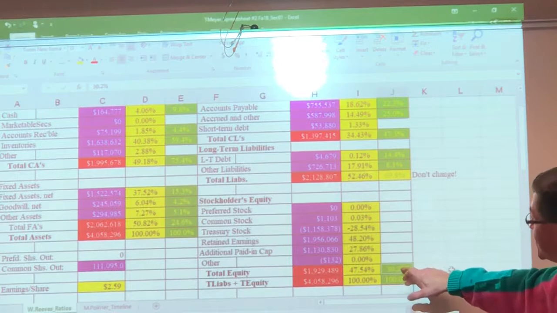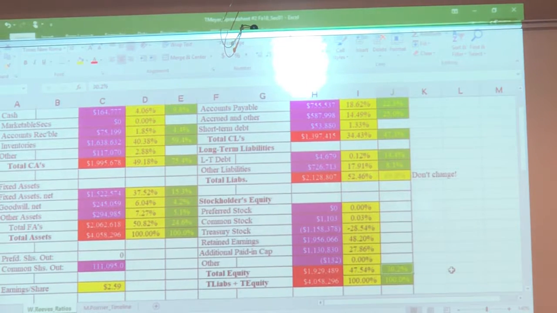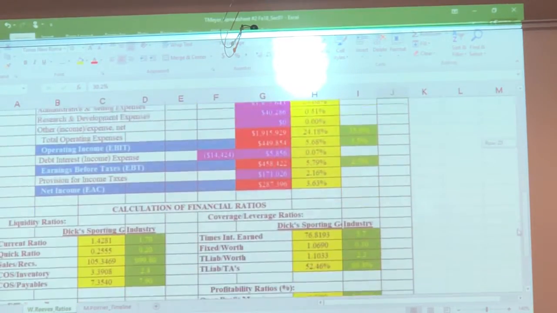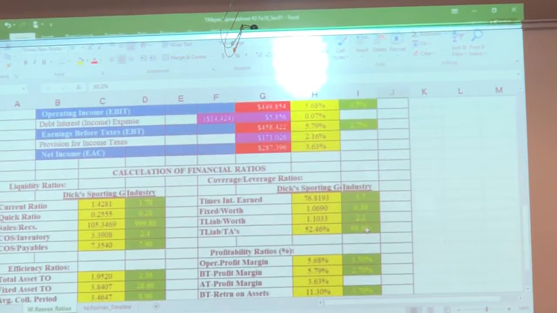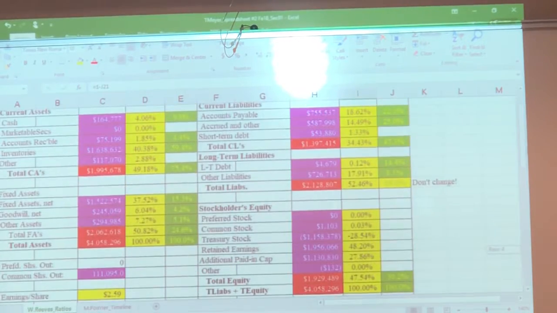But again, once you change this, this will automatically update. All right, there are a couple of other cells that are like that. And actually, I guess I should make the formatting the same, shouldn't I?